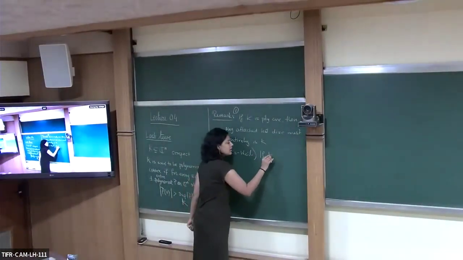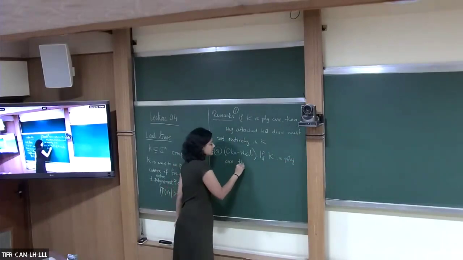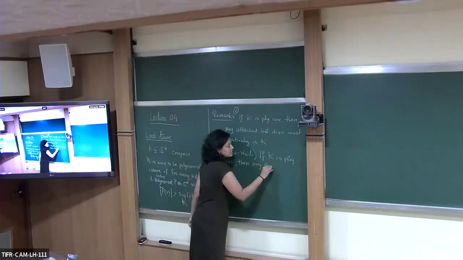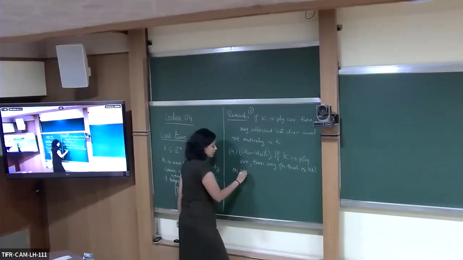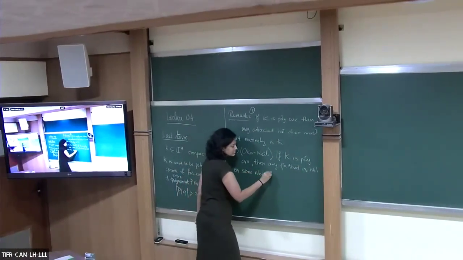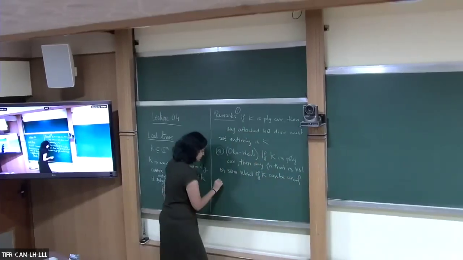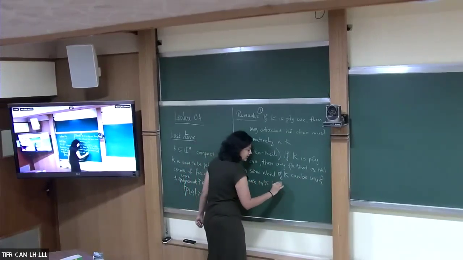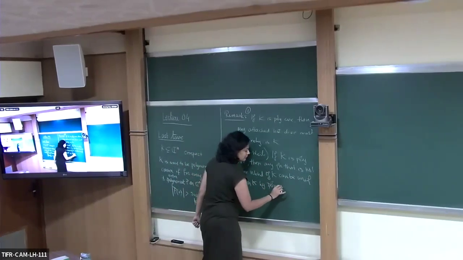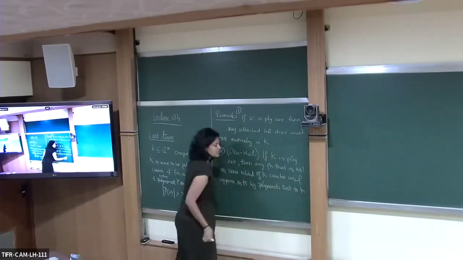If K is polynomially convex, then any function that is holomorphic on some neighborhood of K can be uniformly approximated, and this is a very strong form of approximation, on K by polynomials, holomorphic polynomials restricted to K. So this is your version of Runge's approximation theorem in higher dimensions.